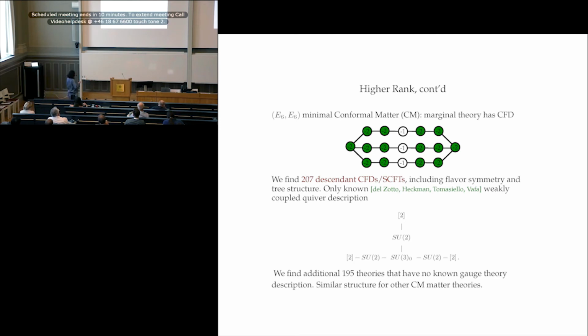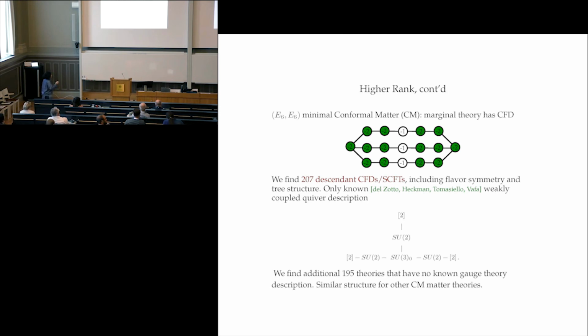There are some, of course, also interesting other theories that go beyond looking at things that people have considered. So E6-E6 conformal matter, that was a theory I mentioned early on. This is a collision of two E6 singularities. In 6 dimensions, you first blow up the base onto the tensor branch, and you see this actually has this SU3 gauge node with -3, -1, -1, and 2 E6 flavor symmetries.